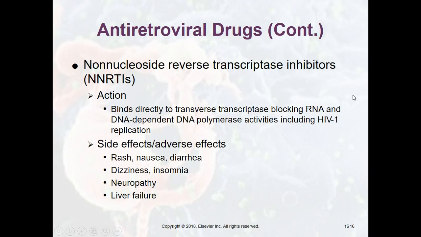So other antiretroviral drugs include the NNRTIs, and their action is they bind directly to the reverse transcriptase, blocking RNA- and DNA-dependent DNA polymerase activities, including HIV replication.